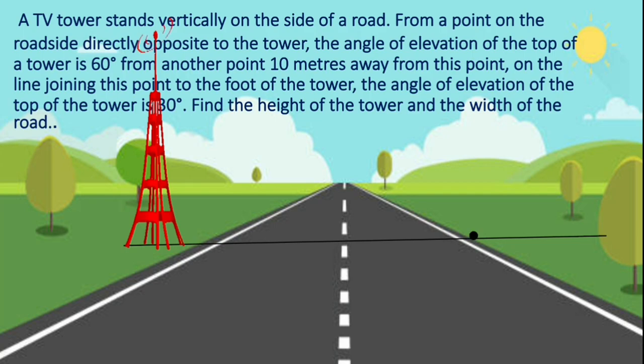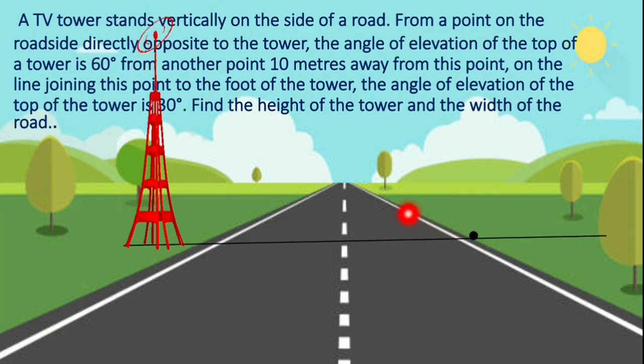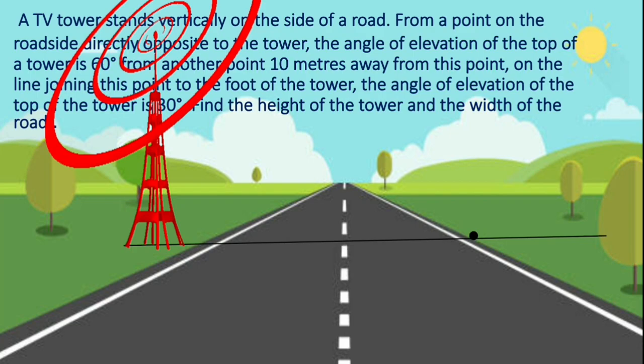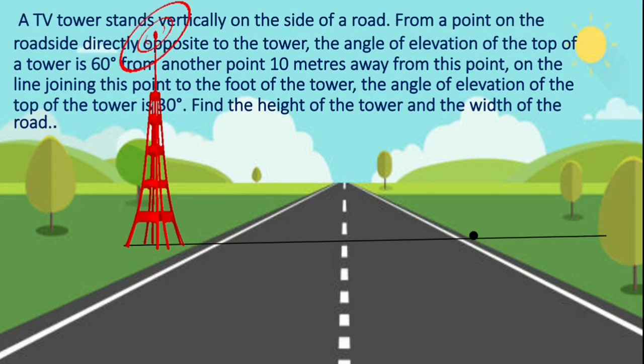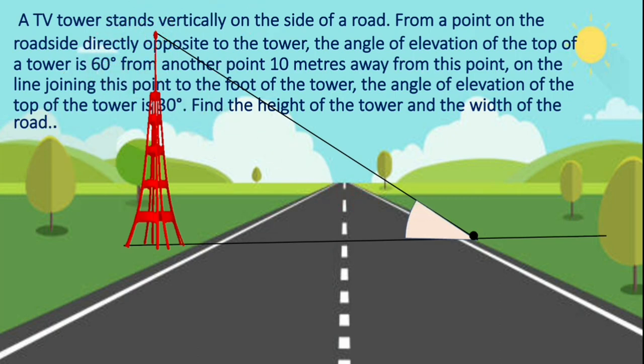Consider a point here which is directly opposite to the tower on the other side of the road. From this point we are observing the top of the tower. Here the angle is given as 60 degrees. So we get a line of sight like this, and here we get the angle of elevation, given as 60 degrees.